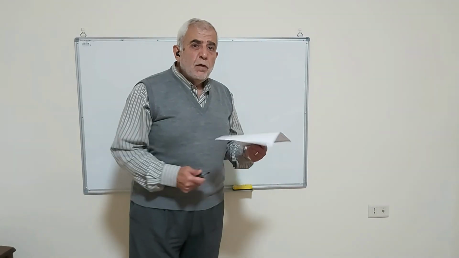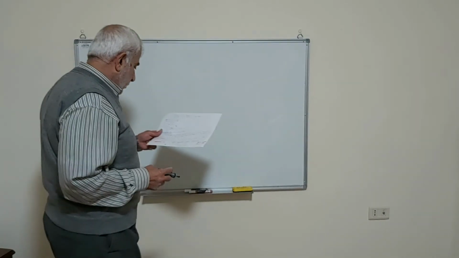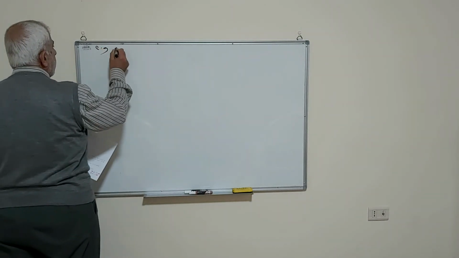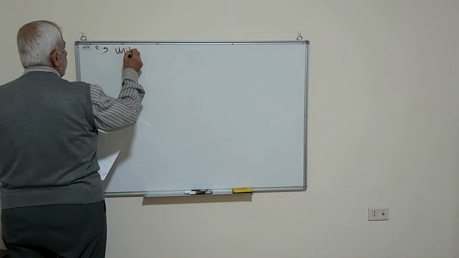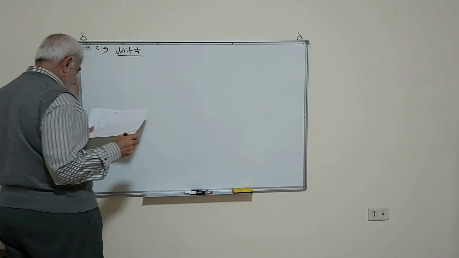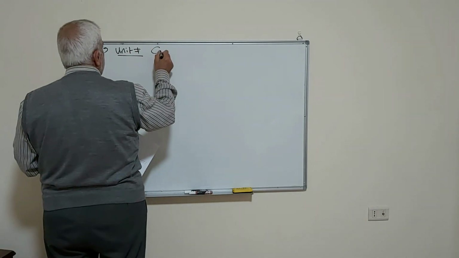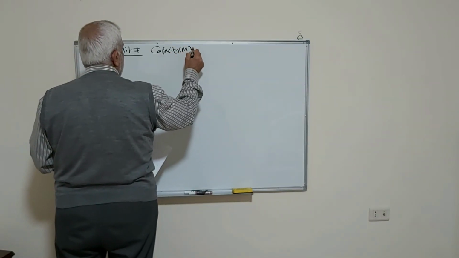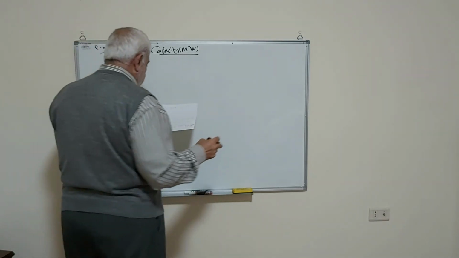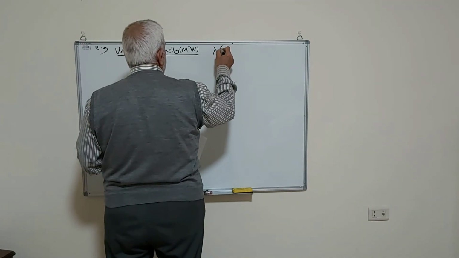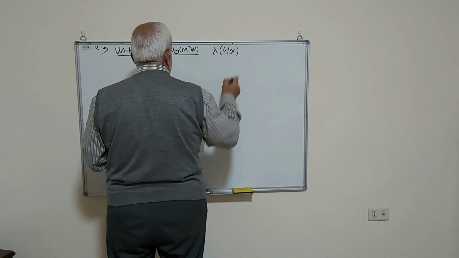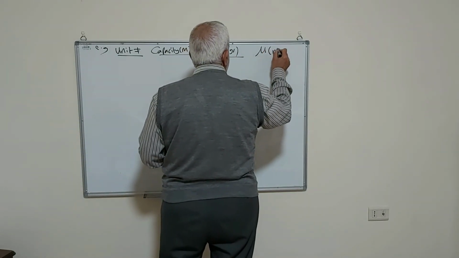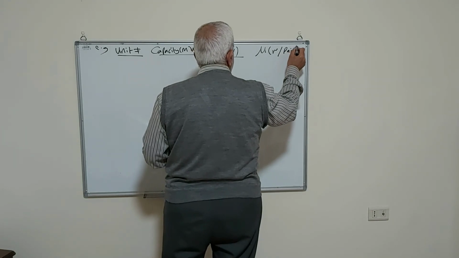Okay, let's now start with our example. We have the unit number, the capacity in megawatts, then the lambda failure per year, then we have mu repair per year.